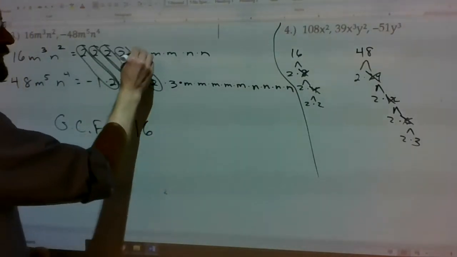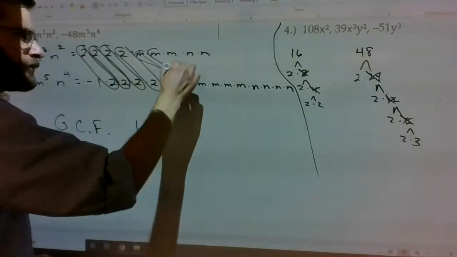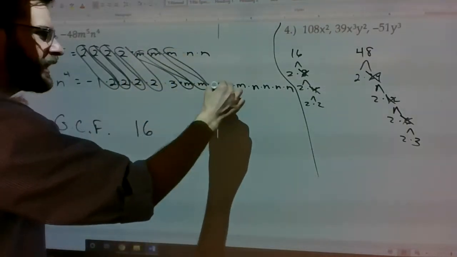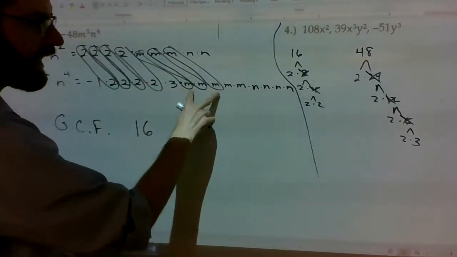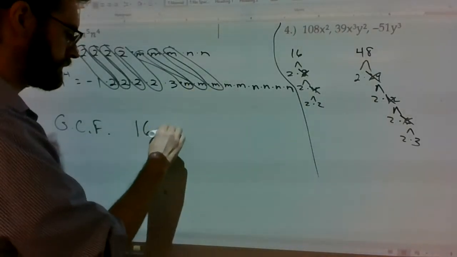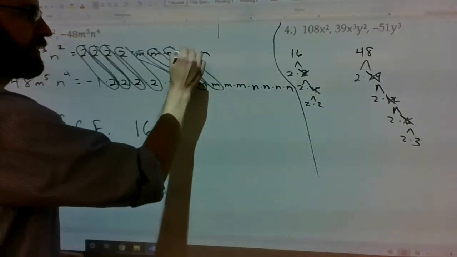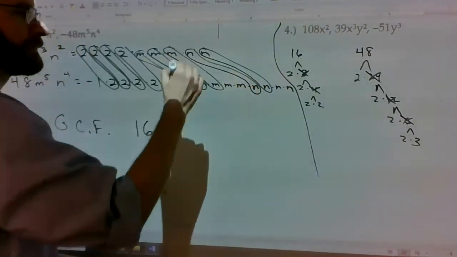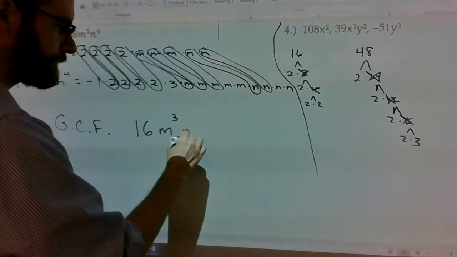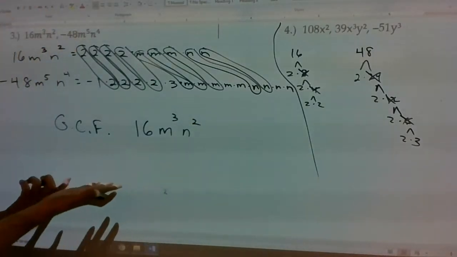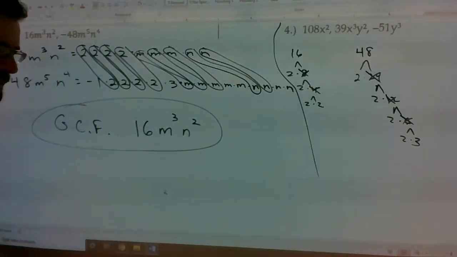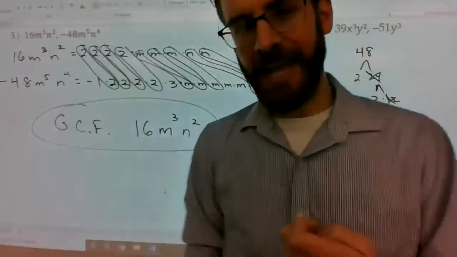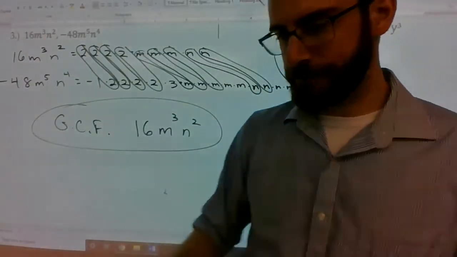For the variables, 1 m, 2 m's, 3 m's. m to the third power. They also share an n and another n, n to the 2 power. So check your work. If you had 16m cubed n squared, you are correct.